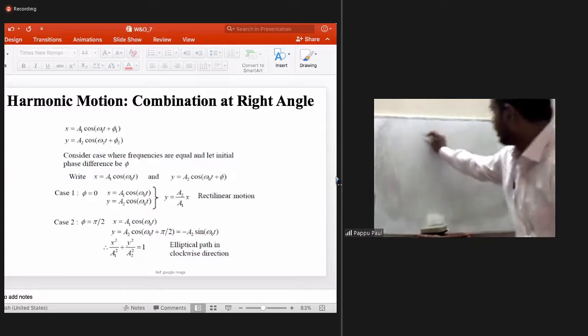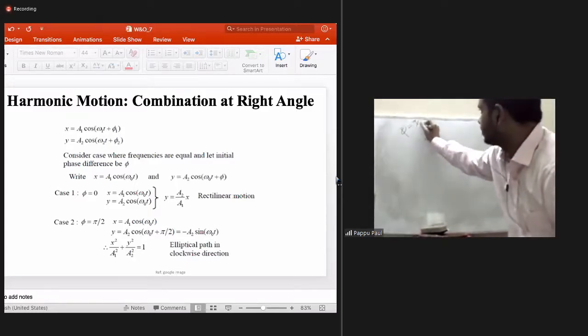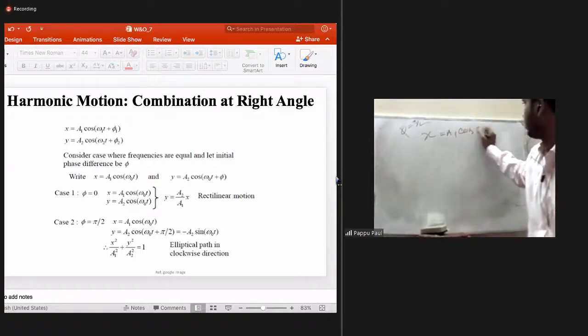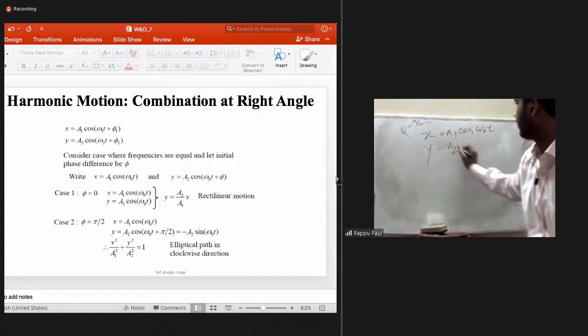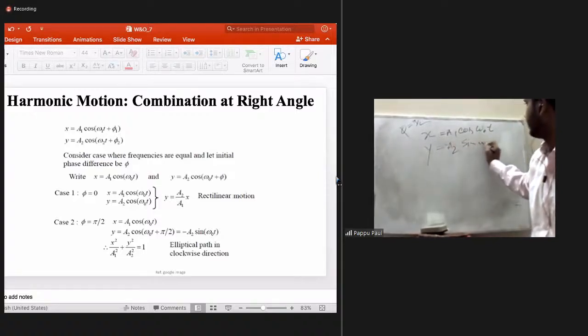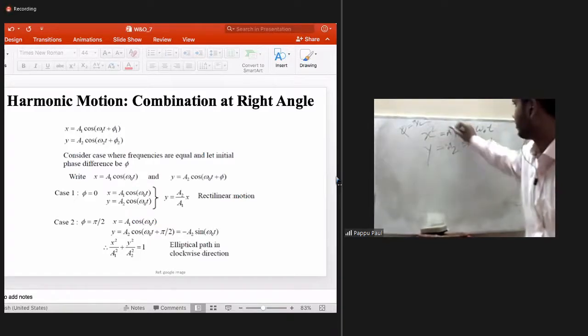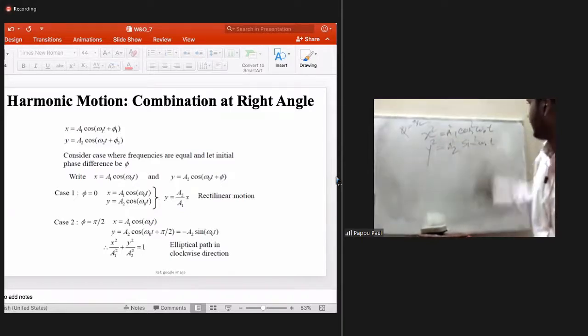Okay, our value of x, in the case of phi equal to pi by 2, is x equals a1 cos omega naught t, and our value of y is equal to minus a2 sine omega naught t. If we square both equations, x square equals a1 square cos square omega naught t, and y square equals a2 square sine square omega naught t.